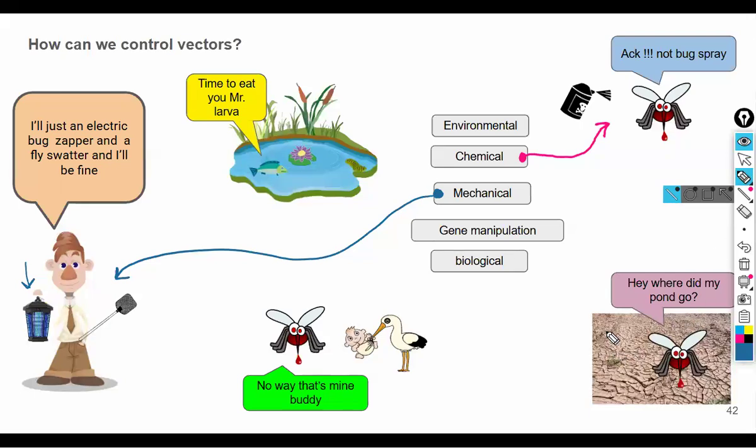I think everyone here is very familiar that you shouldn't have pools of water or containers of water around your house. Why? Because especially mosquitoes can lay eggs. And how many people have a pond by their house? Like at the back of the house, they may have a natural pond.